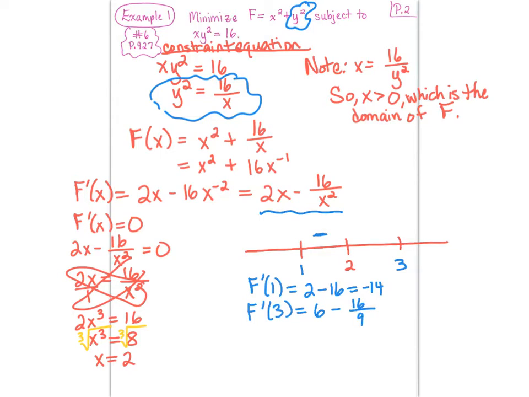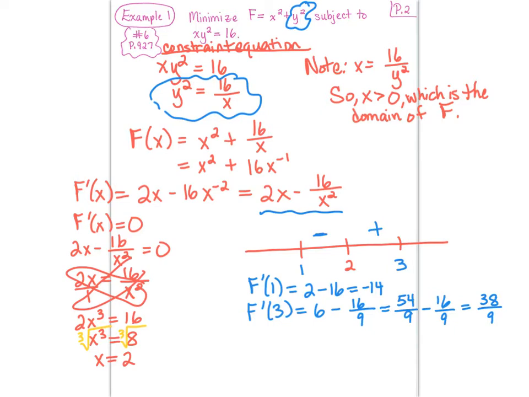You can rewrite 6 as 54 over 9, minus 16 over 9. Well, that gives us 38 over 9, which is positive.